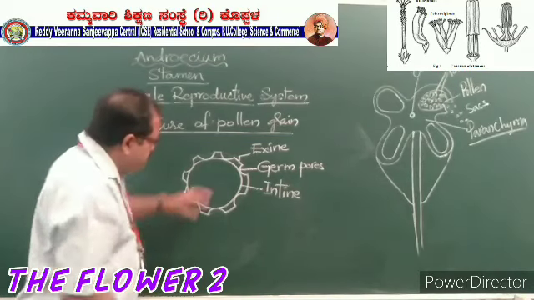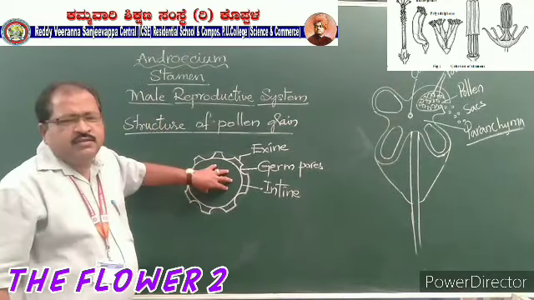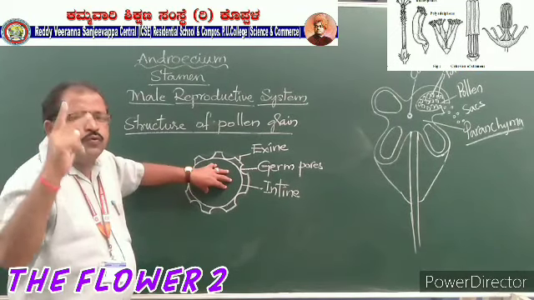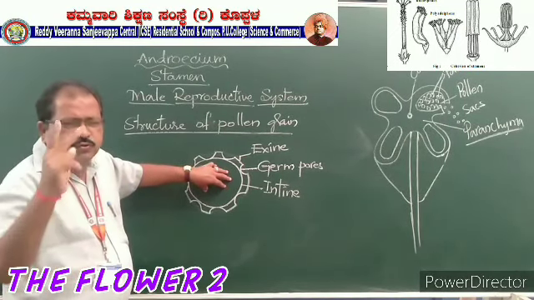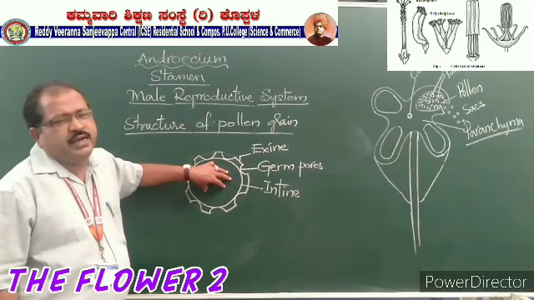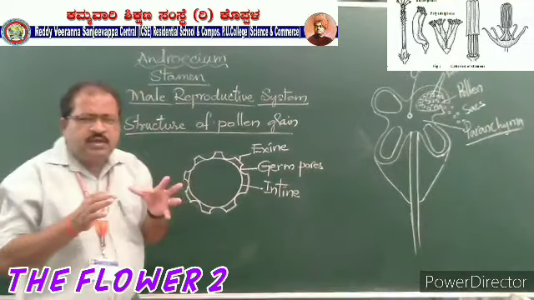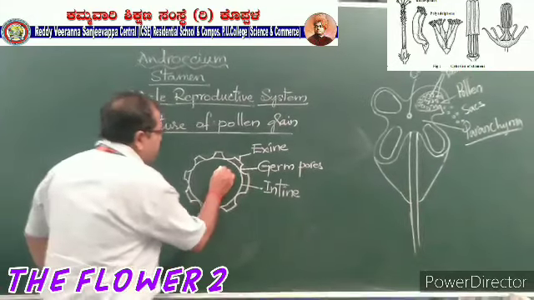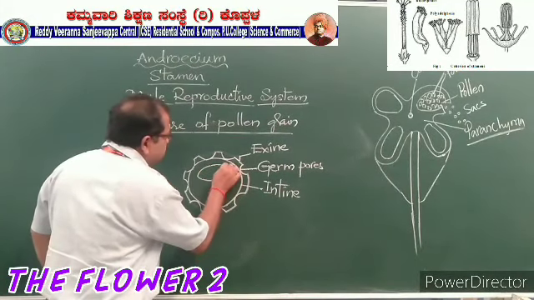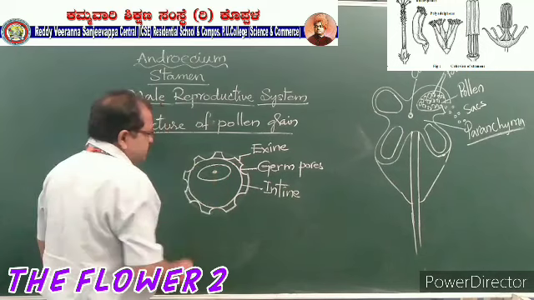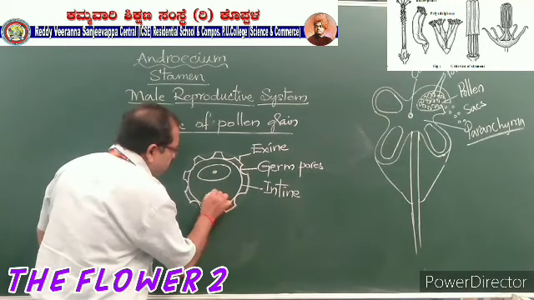Inside the pollen grain there are two cells with two nuclei, of different sizes. One is large and the other is small.